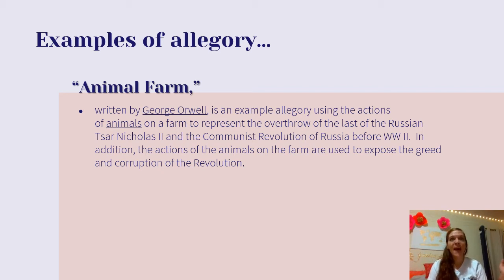People are getting mad. Animals are getting mad. Animals are getting killed. And they keep pushing communism, and it keeps failing and failing and failing until basically the whole farm is just destroyed because of communism.